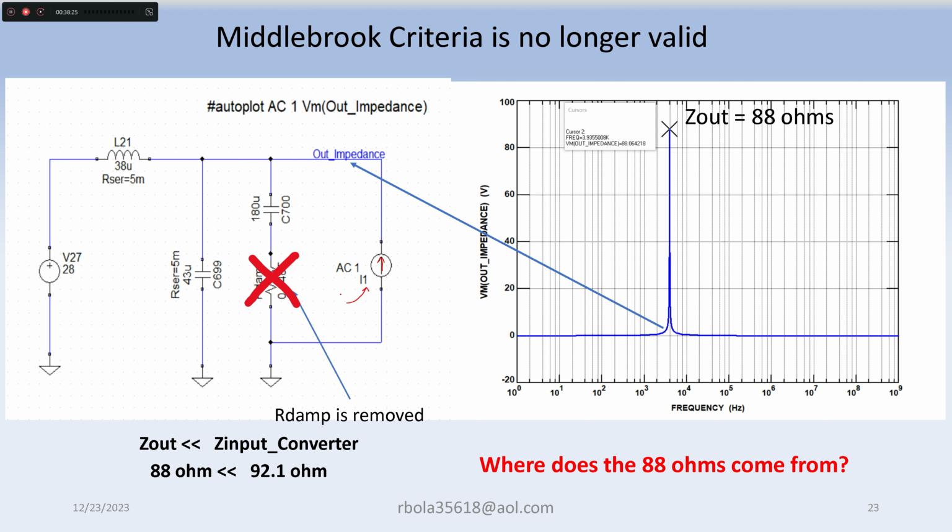When we do an AC sweep, the output impedance is actually 88 ohms. So remember, before, Z out with the damper was 1 ohm. Now that I removed the R-damp resistor, it's 88 ohms.